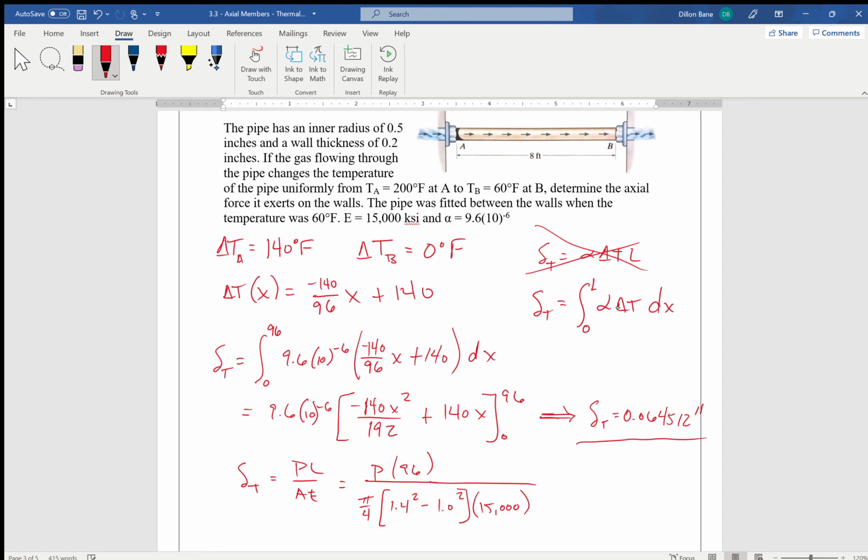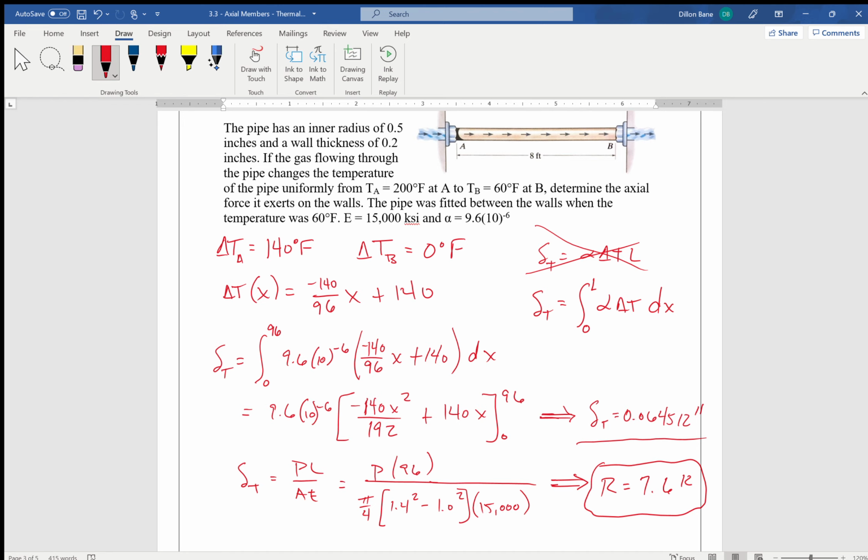If we work all this math out, then we figure out that P is equal to R, and it's going to come out in kips, so P equals 7.6 kips. Now that we know the reaction force at points A and B, there's 7.6 kips acting to where the pipe will be in compression.